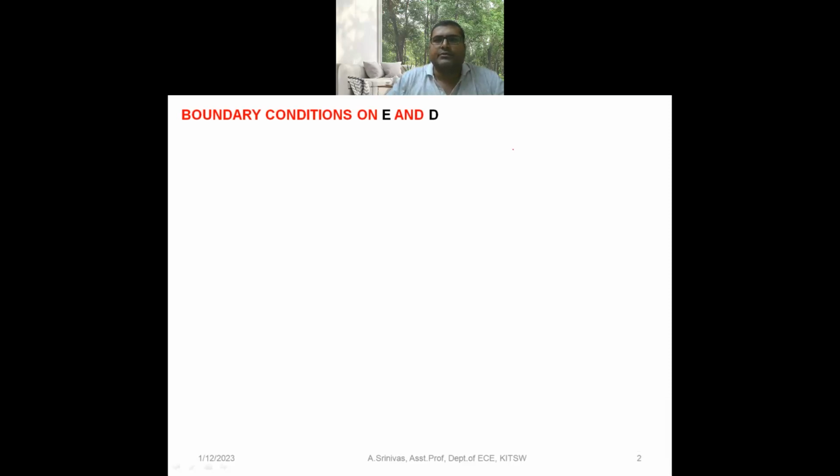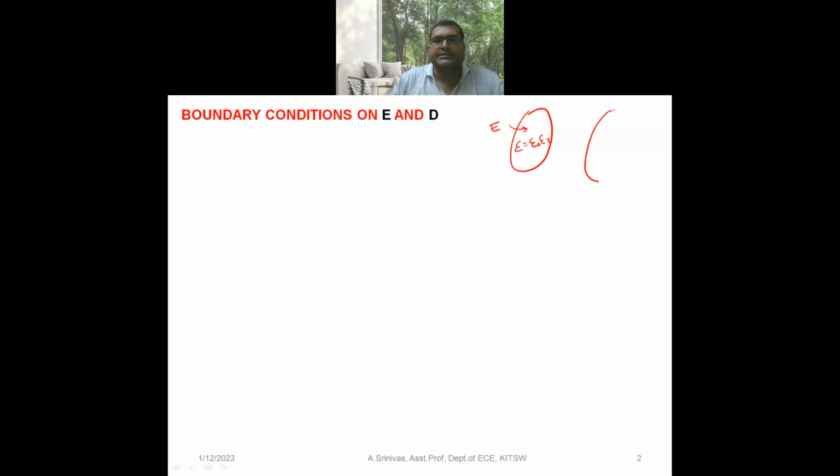So far, we considered the existence of electric field in a medium characterized by epsilon equal to epsilon naught epsilon r.